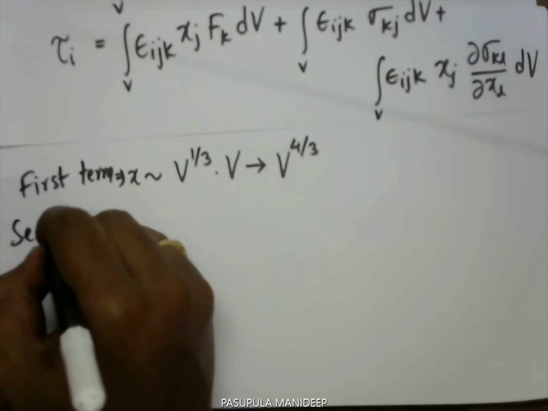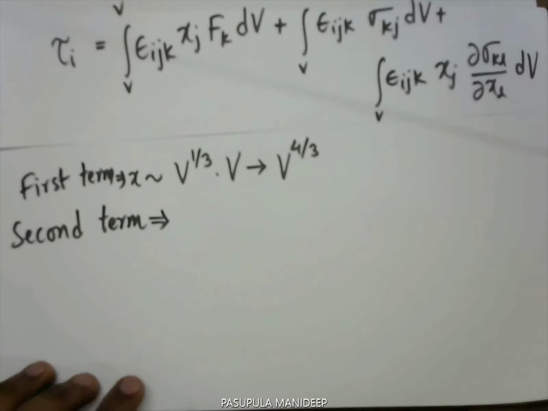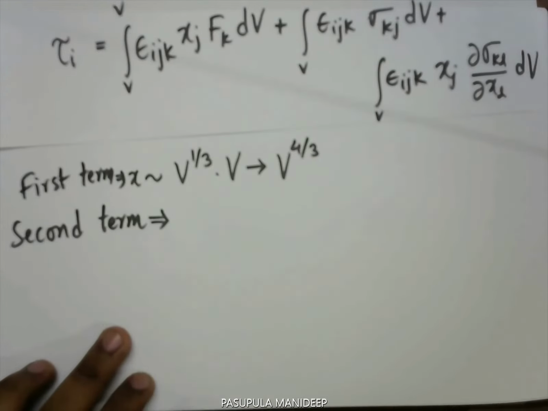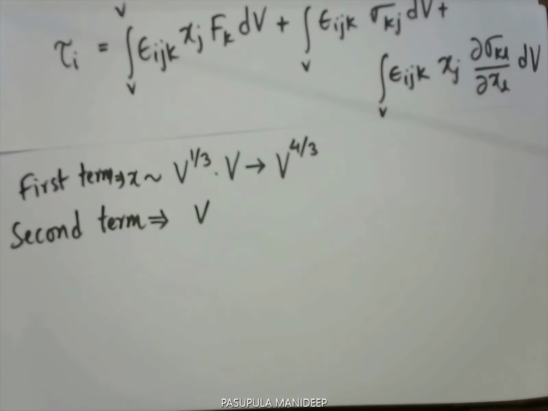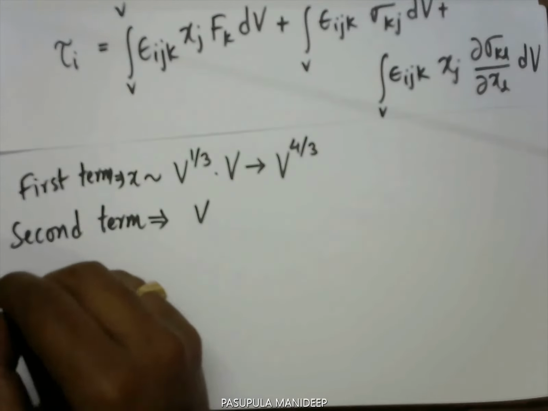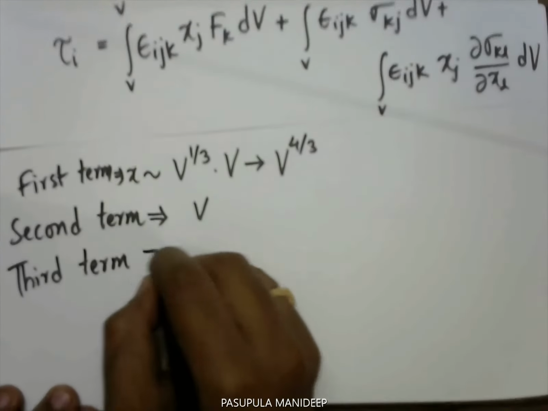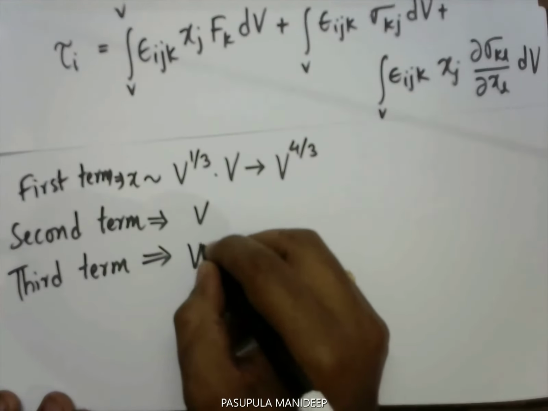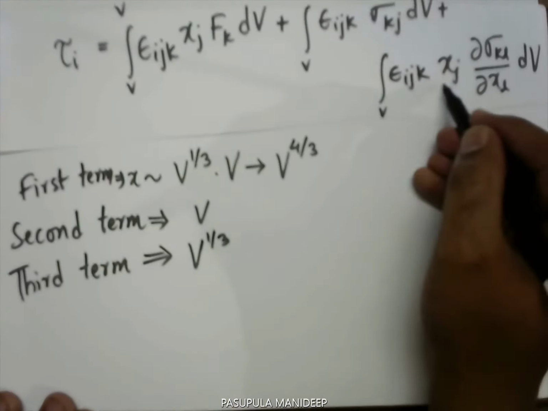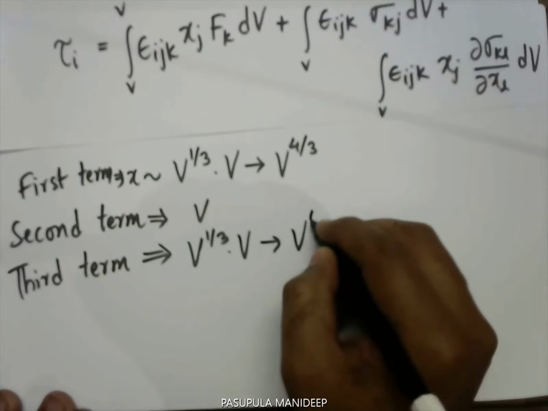Now for the second term, this scales only as capital V. There is no length term here. And coming to the third term, it scales the same as the first term: V power 1 by 3 from the length and V from the volume, the rest are constants, so it scales as V power 4 by 3.